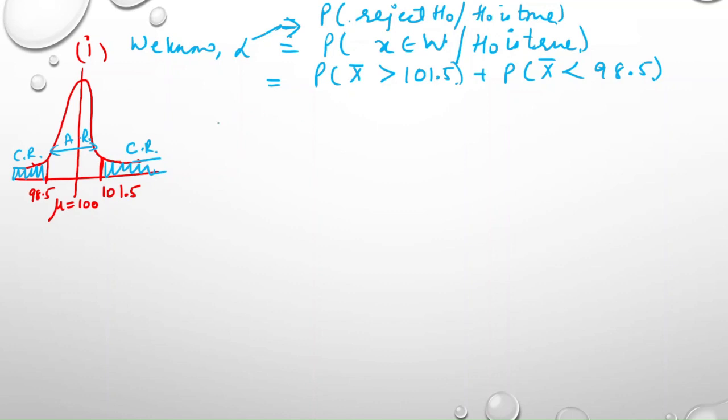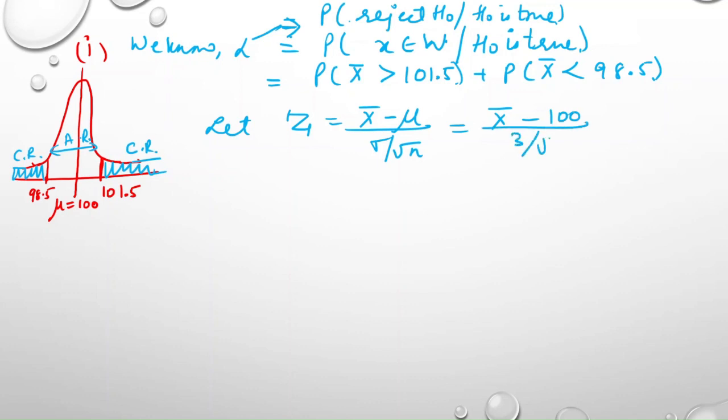So let us calculate capital Z, X bar minus mu over sigma over root n. So I'll take this as 100, 3 over root 9, which is X bar minus 100 only, divided by 1.